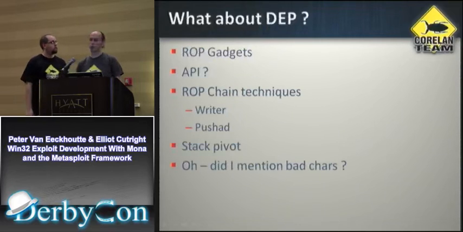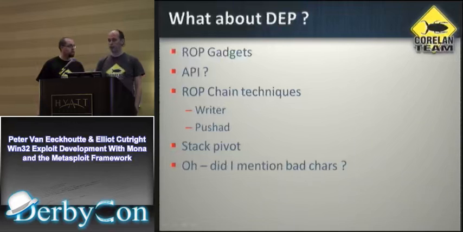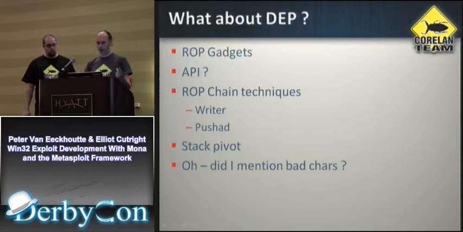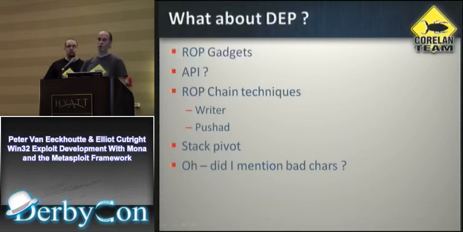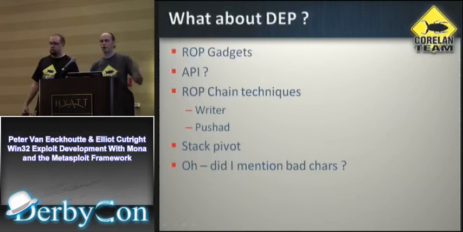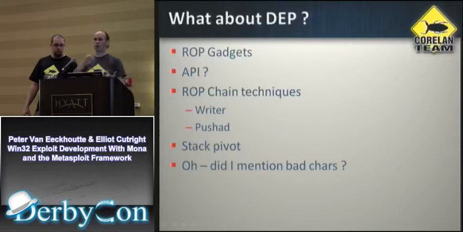But what is more important in today's exploiting is that we'll have to bypass DEP. So we'll need to have a way to deal with that. A typical process to bypass DEP is we'll need to build a set of gadgets, basically build our toolset. We'll need to figure out what API we want to call to either mark your area as executable or allocate some memory somewhere else and then copy your shellcode to it.